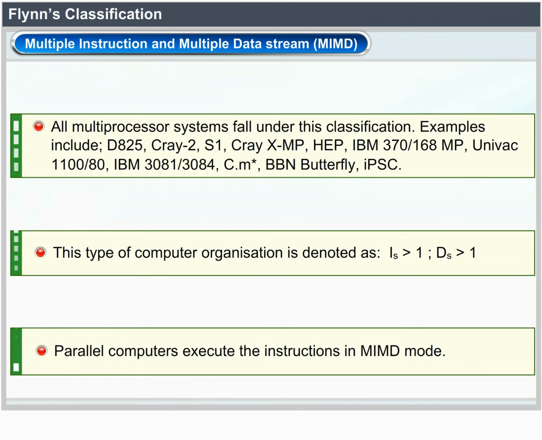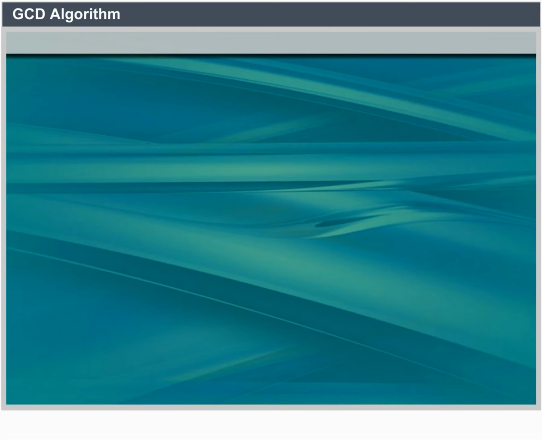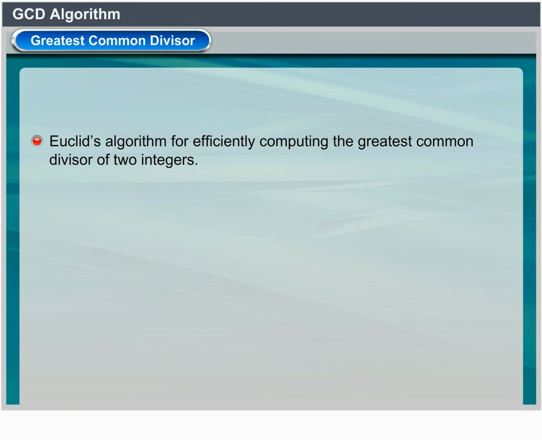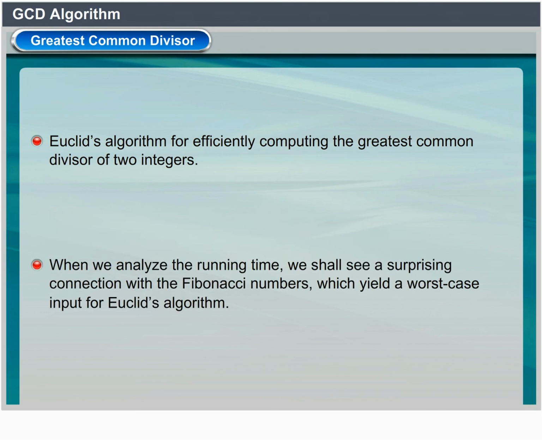GCD algorithm. Greatest Common Divisor, GCD. Euclid's algorithm for efficiently computing the greatest common divisor of two integers. When we analyze the running time, we shall see a surprising connection with the Fibonacci numbers, which yield a worst-case input for Euclid's algorithm.